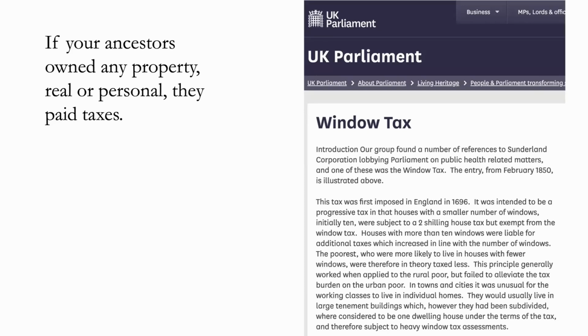And if they didn't have any property, they could very well have fallen into the category of an indentured servant, or a transported person, or perhaps even an enslaved person. And so those kinds of things are wrapped up in property ownership and control, and the taxes are kind of the common element that runs through all of that and makes it possible.